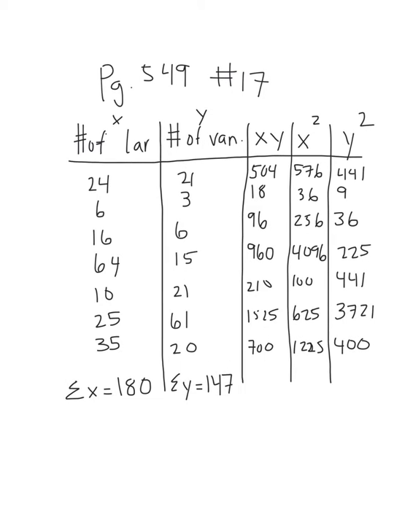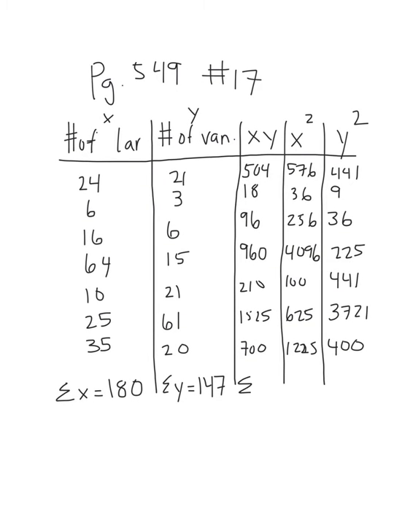If we add up this column, we would get 4,013. If we add up the x squareds, we get 6,914. And if we add up the y squareds, we get 5,273.